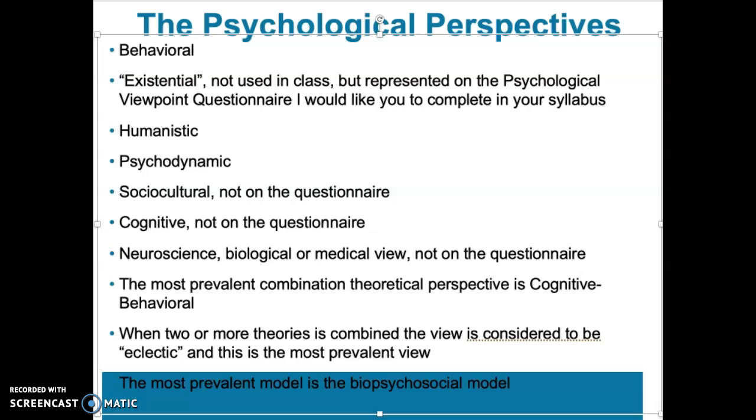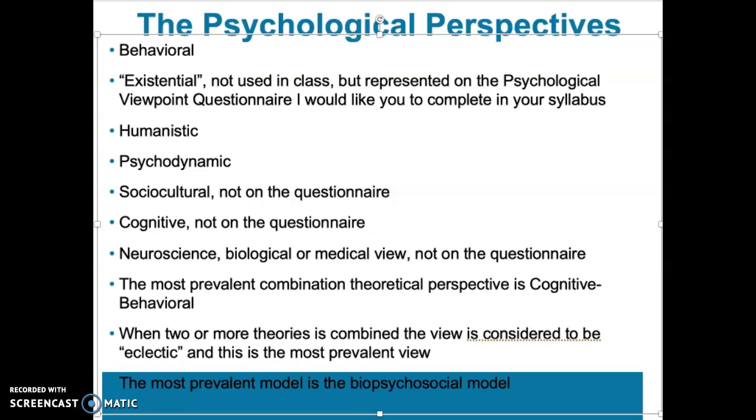So my recommendation is if you're planning to earn a master's degree in psychology, you could redo this questionnaire and have it represent the cognitive and the neuroscience view, and that could be your whole master's project. Okay, I want to talk about the neuroscience view in detail later. It's also referred to as the biological or medical view. Again, not given any representation on the questionnaire.